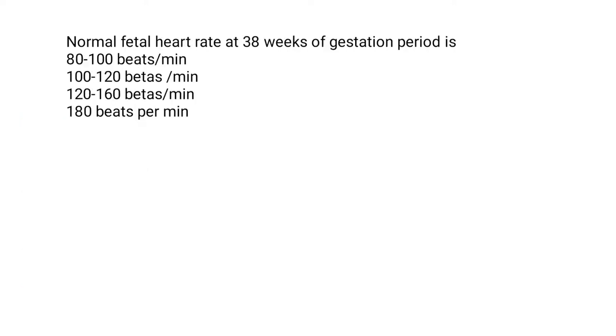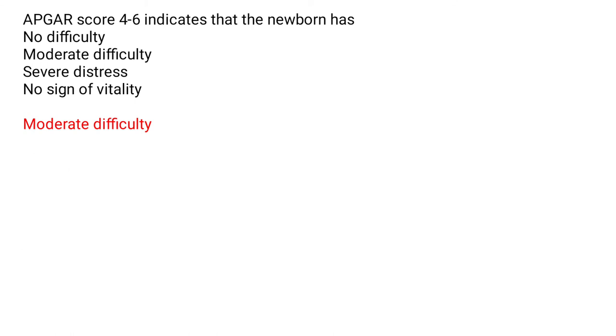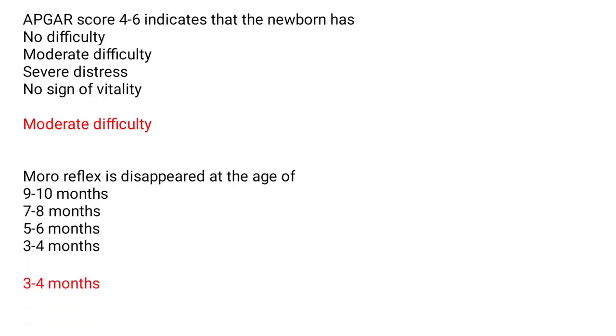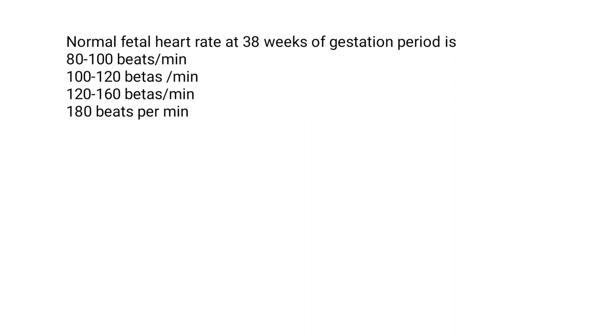Normal fetal heart rate at 38 weeks of gestation period is, options: 80 to 100 beats per minute, 100 to 120 beats per minute, 120 to 160 beats per minute, and 180 beats per minute.